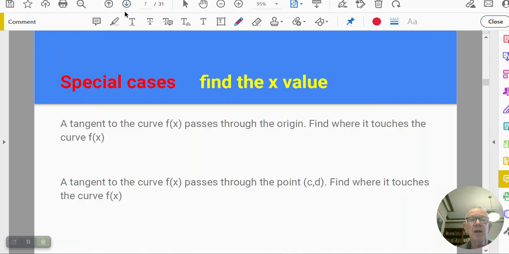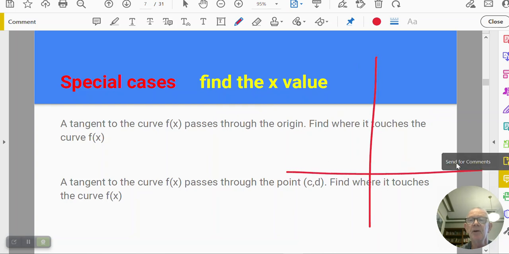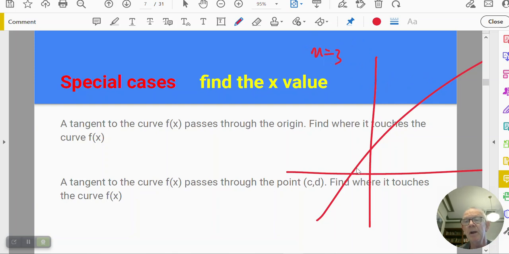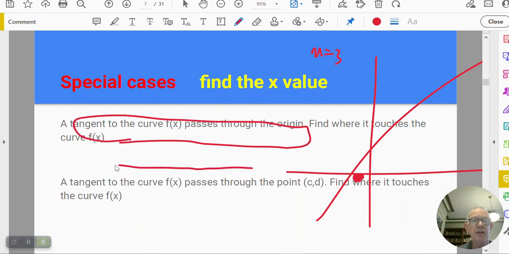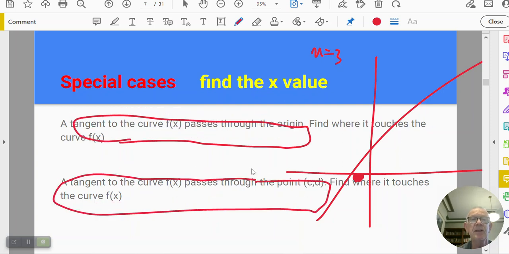The second special case is where you don't know where the tangent's touching. For example, you might have a curve and they're telling you, put a tangent when the gradient equals 3. So you need to find out where on the curve the gradient is 3, and that's where the tangent's going to touch. Or they'll tell you that the tangent also passes through the origin, or the tangent also passes through this point here.